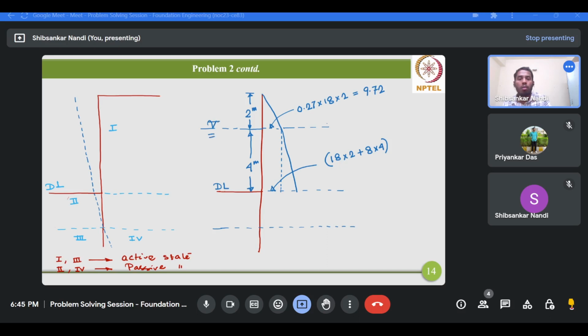This is multiplied by the coefficient of earth pressure, 0.27. So this value is 18 multiplied by 2 plus 8 multiplied by 4, into 0.27, which is 18.36. All are in kPa.